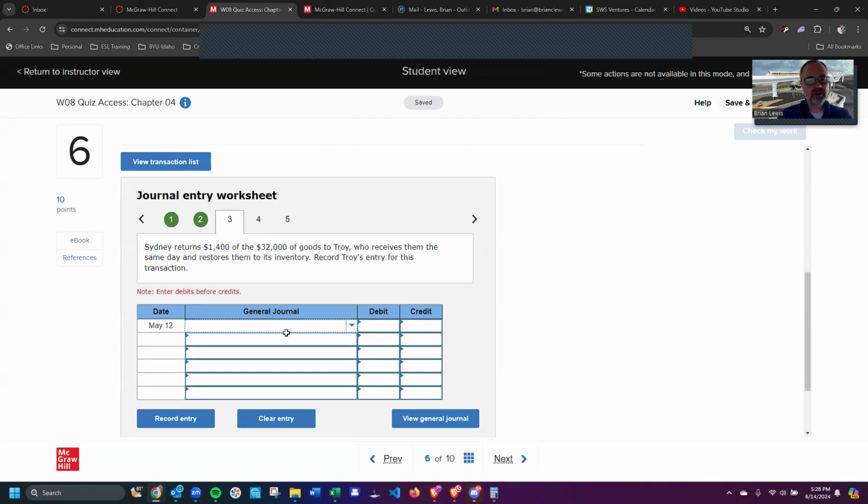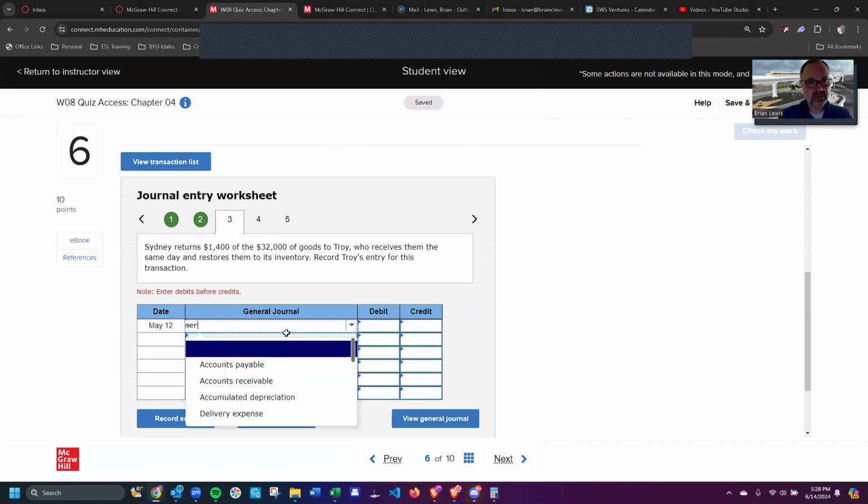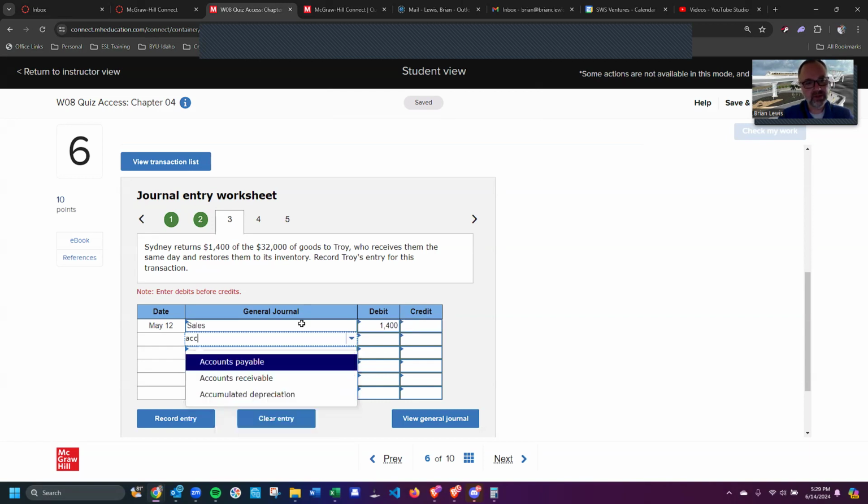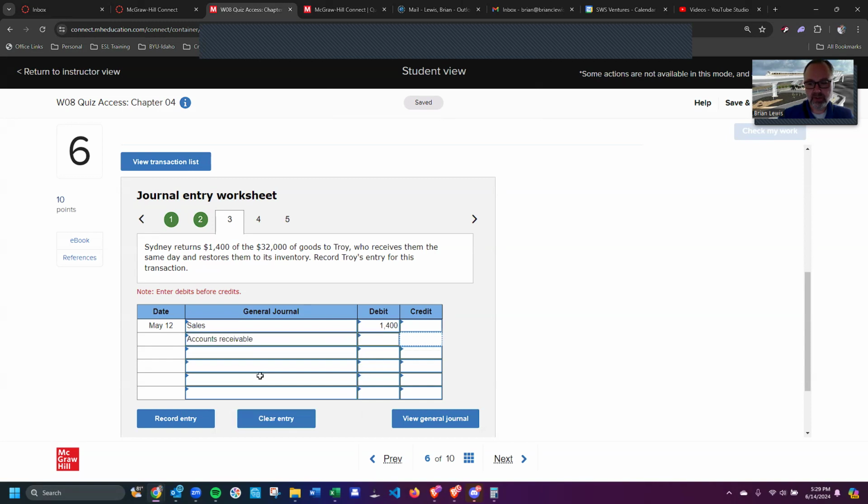When they return the goods, we're going to add it back to merchandise because there's no indication here that it's defective. And so that's going to be the $1,400. Actually, this is sales. Sales for $1,400. And it's going to be accounts receivable for $1,400.